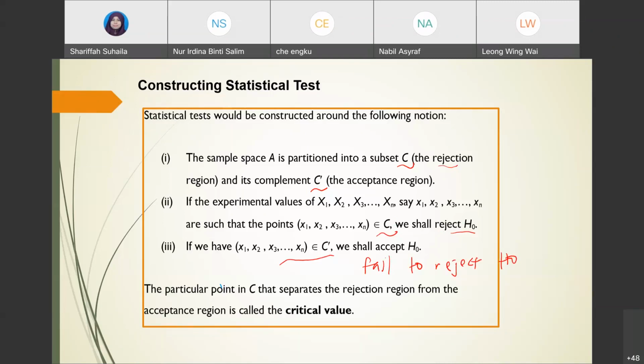Okay, so the particular point in C tu adalah kita punya critical value dia, yang nak decide reject ataupun fail to reject. So cuma standard formnya kita pakai C for kita punya rejection region. So kalau C prime, it should be the acceptance region. So if your data set falls in your critical region ataupun rejection region, so kita reject lah kita punya null hypothesis.